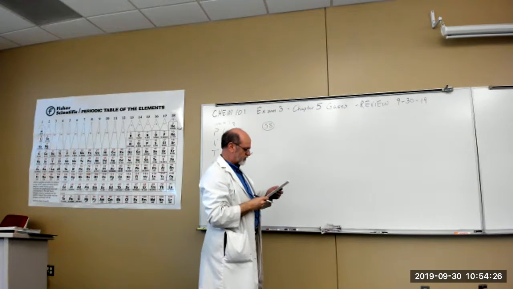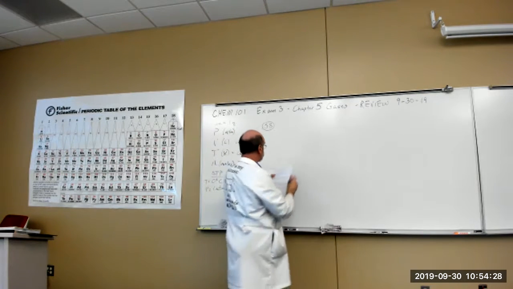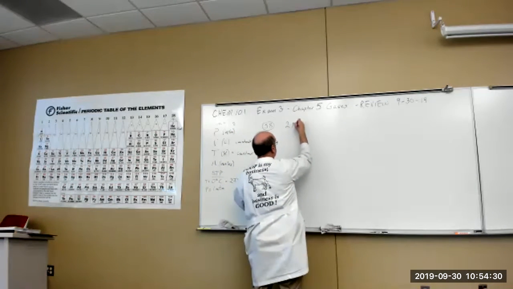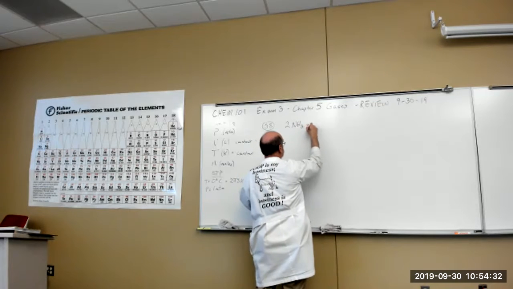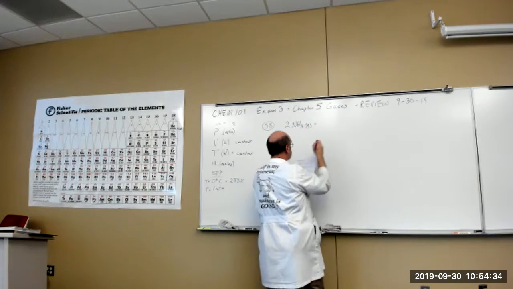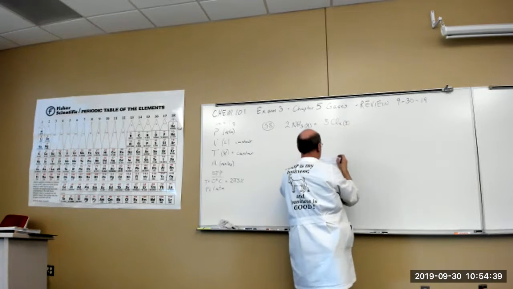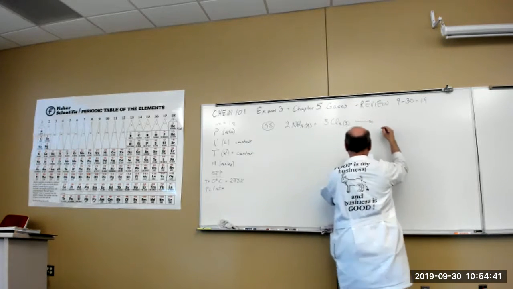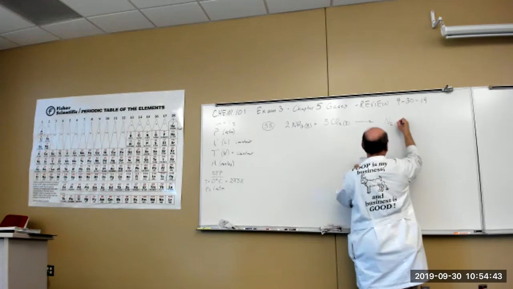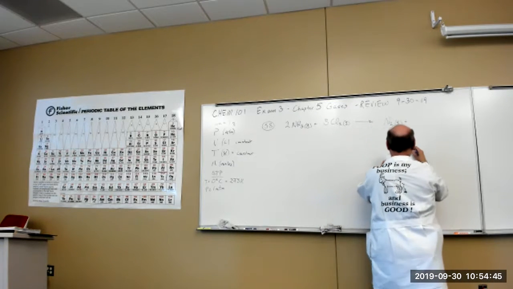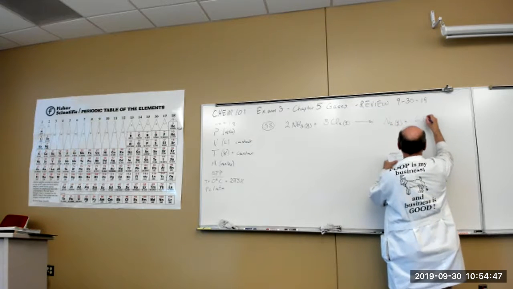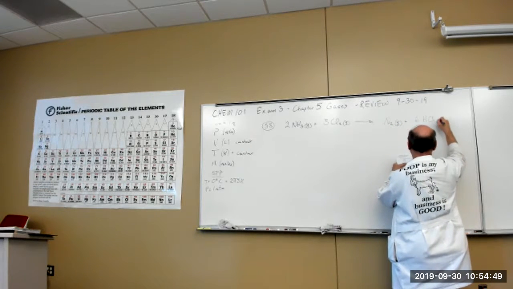We're given the reaction. Looks like it's balanced already. That's a gas reacting with chlorine gas. Yields nitrogen gas and 6 hydrogen chloride gas. Okay.